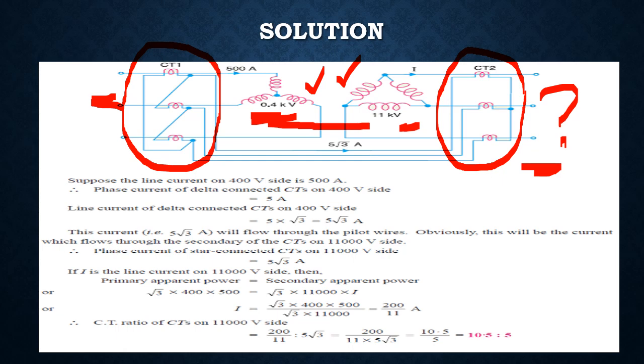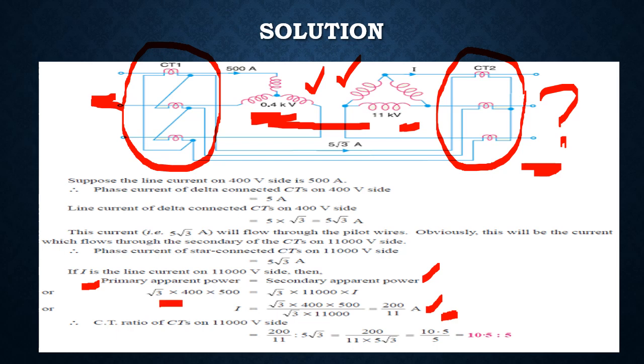Then we can automatically get the secondary current of the current transformer which is placed on the 11,000 volt side. Now, by making the primary apparent power equal to secondary apparent power, we can get the line current of the 11 kV side. So here see the calculation.